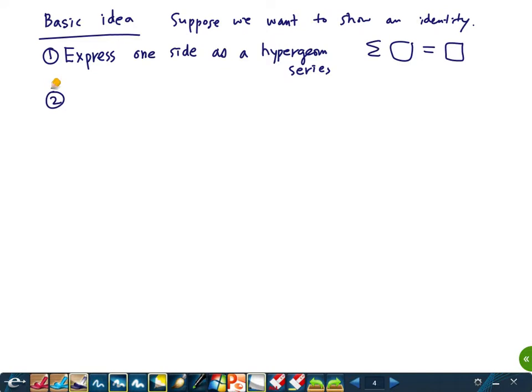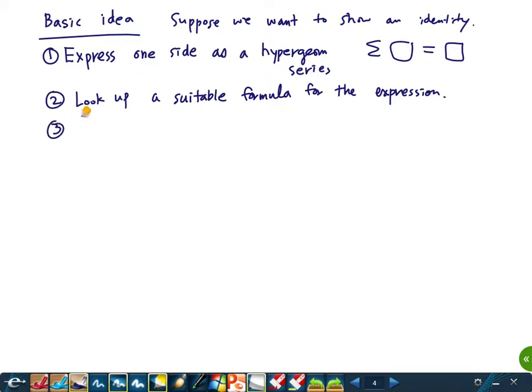And then there is a list of hypergeometric identities. So look up, just like you look up an integration table if you want to integrate something. Look up a suitable formula for the hypergeometric expression that you just obtained in the first step.